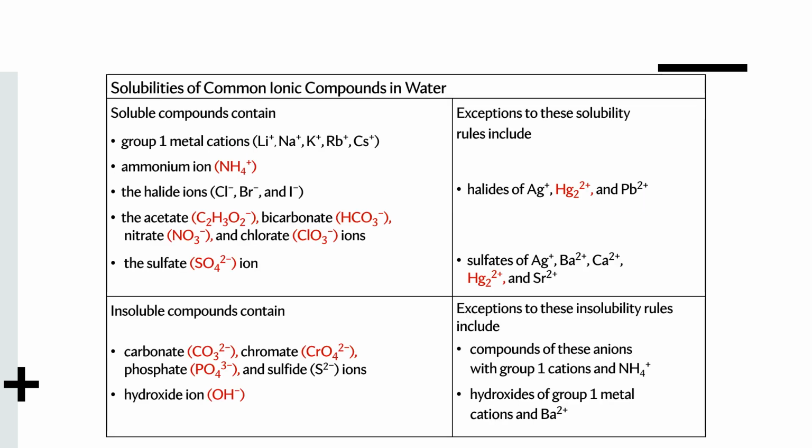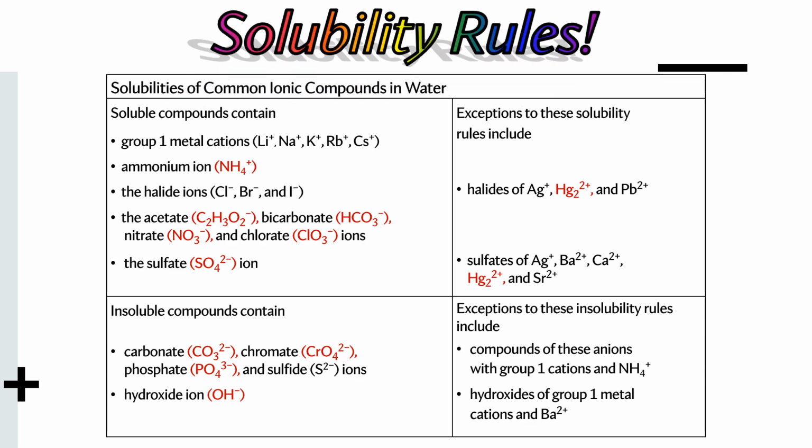How do we recognize whether compounds are soluble or insoluble in water? There are patterns. From this table, which is called the solubility rules, the left-hand side shows the solubility characteristics in general of particular ions in compounds. At the top part, if you have these ions in compounds, they are generally soluble in water.